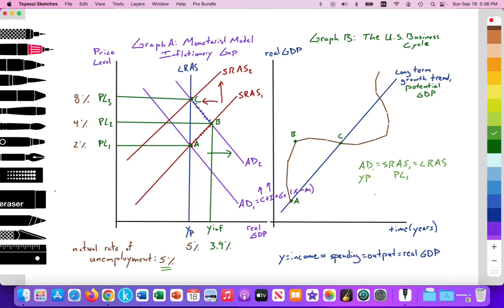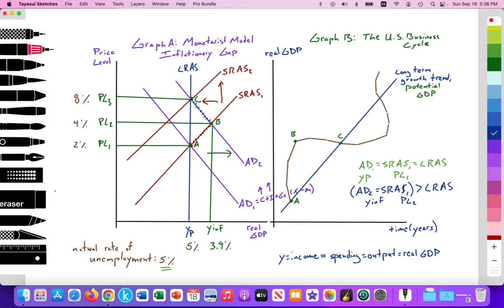That sets a new equilibrium where AD2 equals SRAS1, and we see that these two are now greater than the LRAS curve, signaling that we're entering an inflationary gap. Real GDP increases to Y inflation, and the price level increases to PL2.